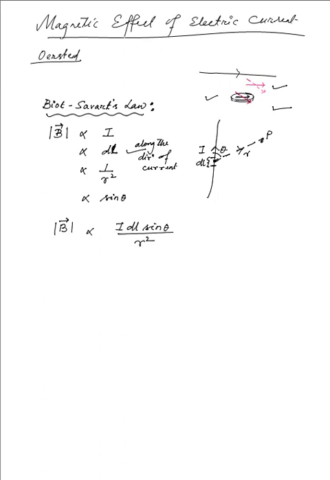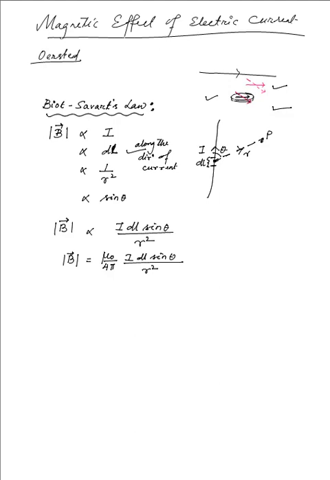And we replace it by a constant term in order to obtain the equality on both sides. The constant term here that is associated with the magnetic field is the familiar mu naught by 4 pi, as we have discussed in magnetism and matter. So the magnitude of the magnetic field intensity is equal to mu naught by 4 pi, I dl sine theta, divided by r squared.